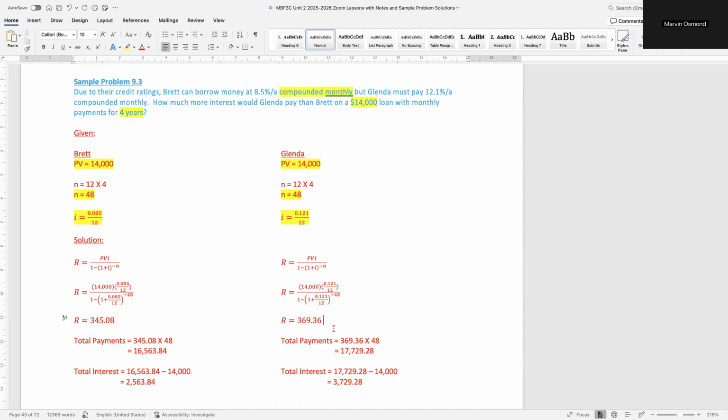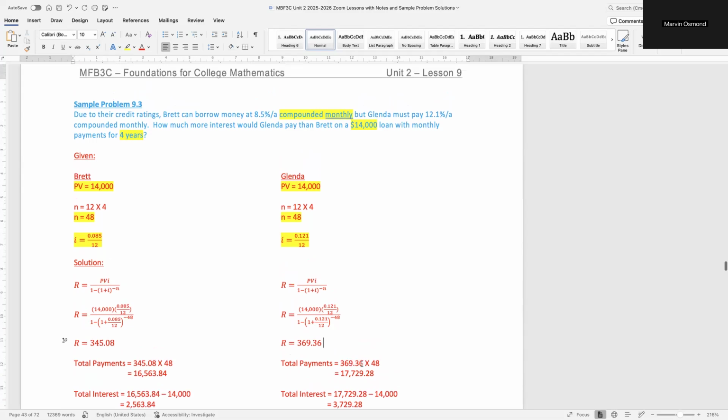Close that bracket, and that's to the power negative 48, and then close that bracket. Press equals, and I get 369.3614597. So rounded to the nearest penny is 369.36.